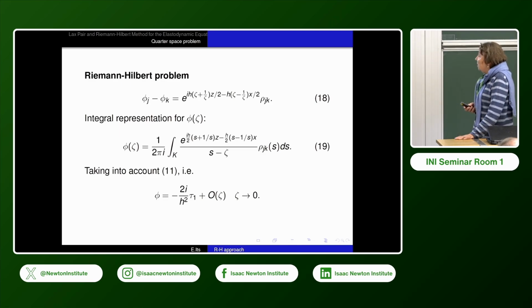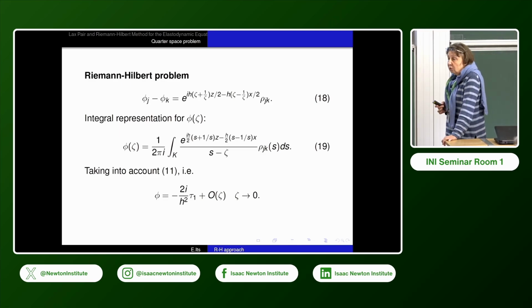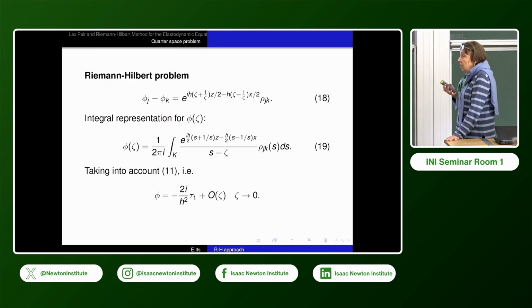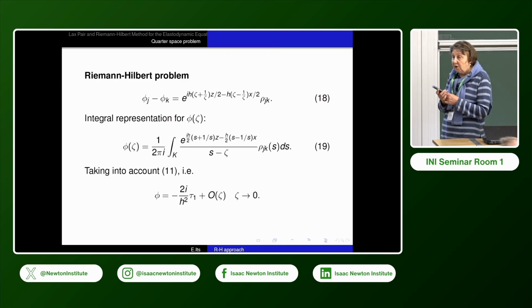As soon as we wrote this equation, we could use it for any x and any z. And we use this equation for the x and z for which we have the boundary conditions. In that way, we hope to express the jump function rho in terms of the given boundary data.